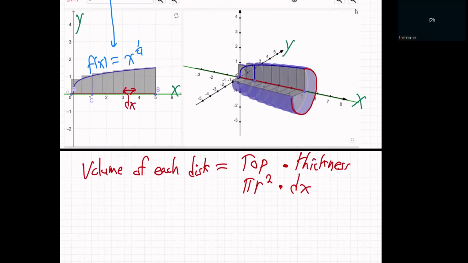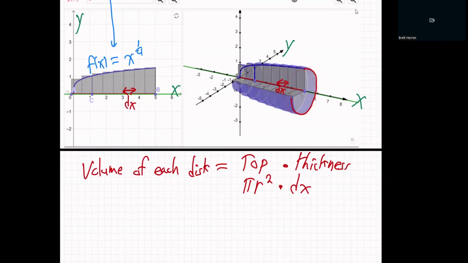Like that. There it is before it's rotated. Here it is after it's been rotated, right? We're going along the x-axis. The thickness of each disc is dx. And the top of it is a circle, which is pi r squared. So to find the volume of each one of these discs, take the top area times the thickness, pi r squared times the thickness.